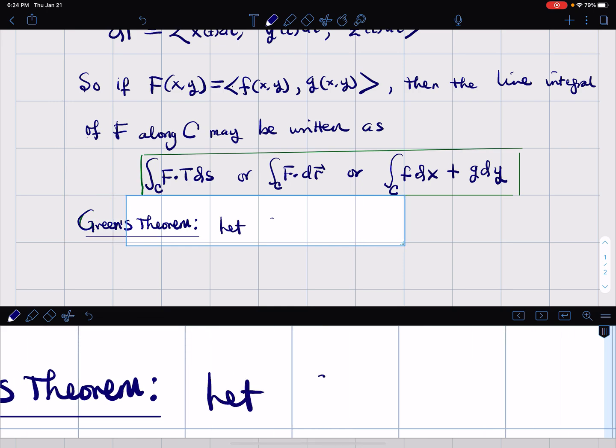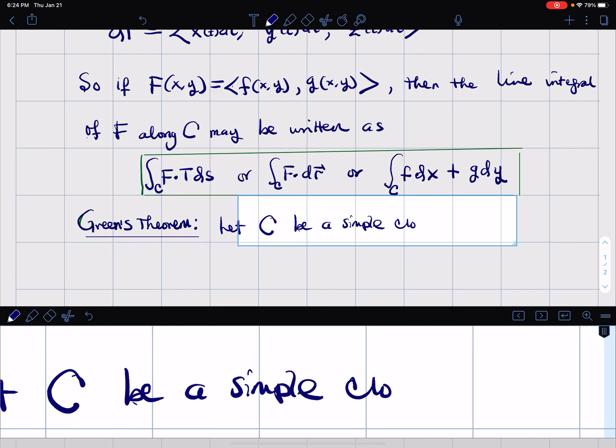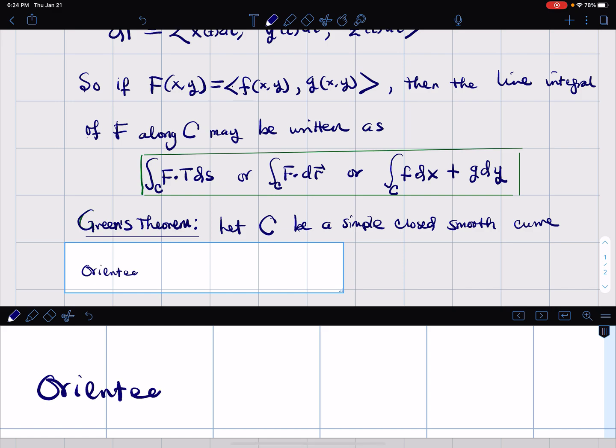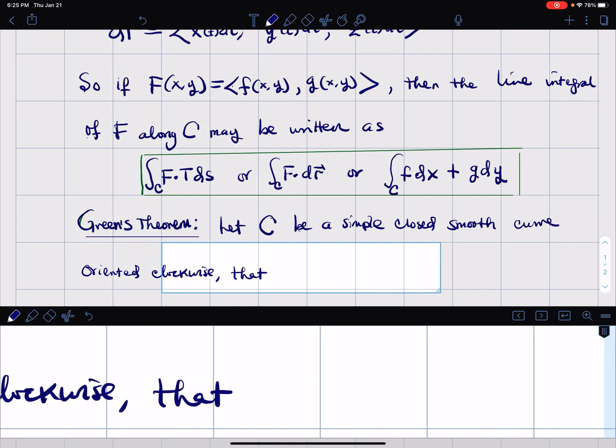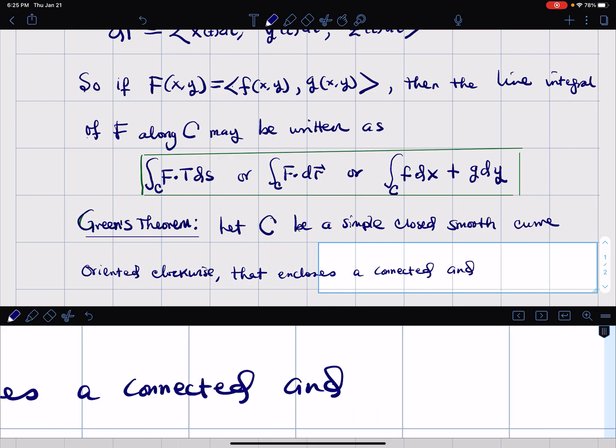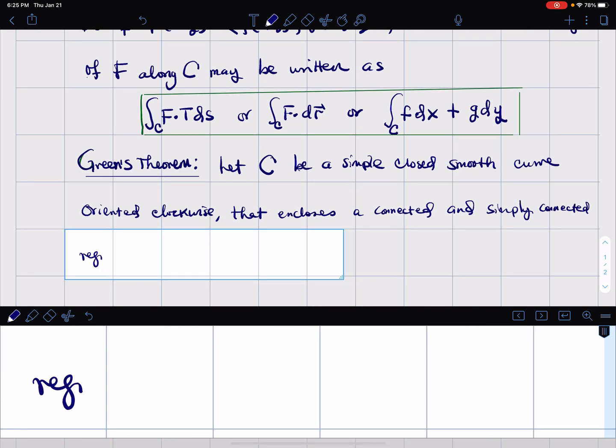Let C be a simple closed smooth curve, and the smooth curve is oriented counterclockwise, and let's assume that C encloses a connected and simply connected region R.